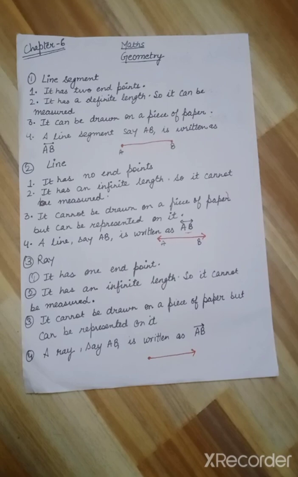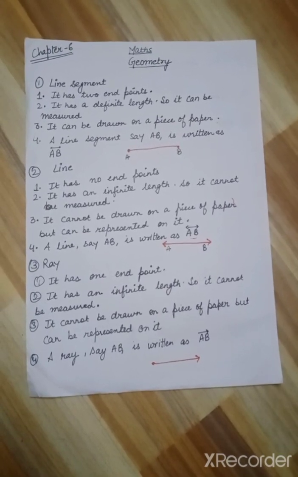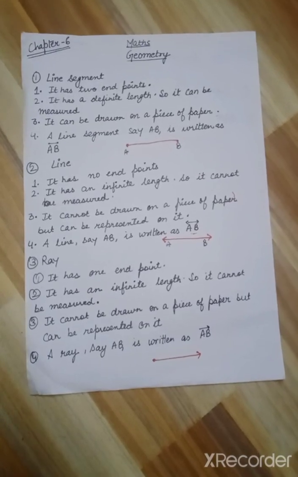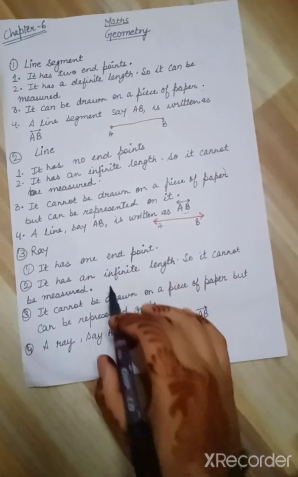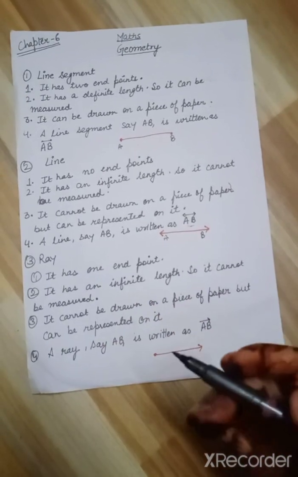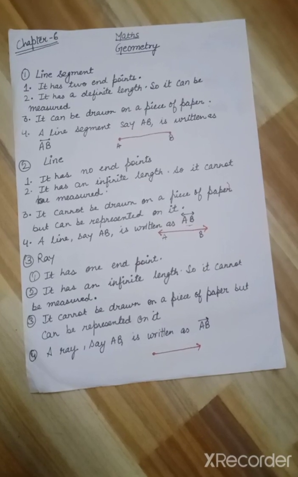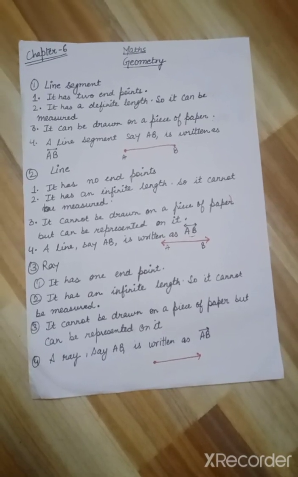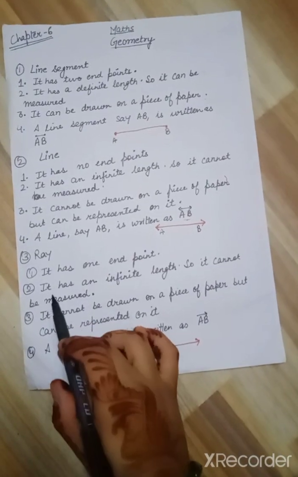Then again I am doing factorization, 1 and here comes 3, then again 3, 1 and 1. So the LCM is 3 multiplied by 3 multiplied by 3. 3 threes are 9, 9 threes are 27. So the LCM is 27.